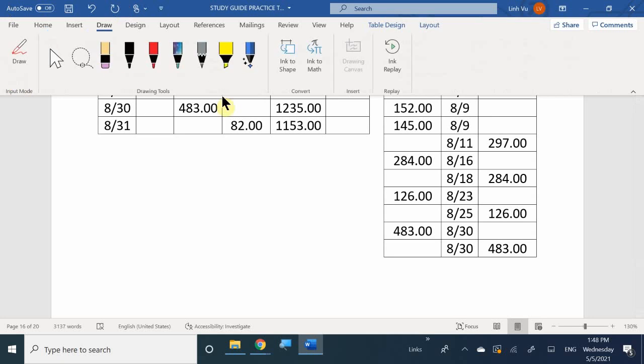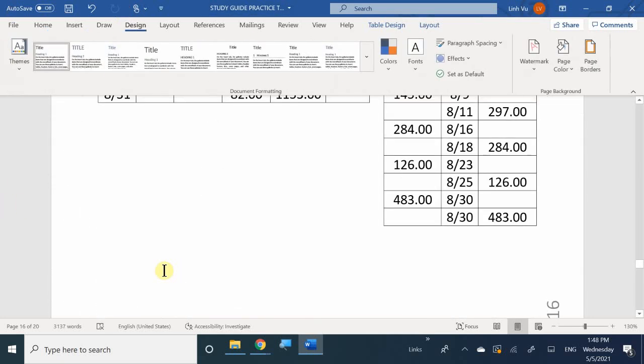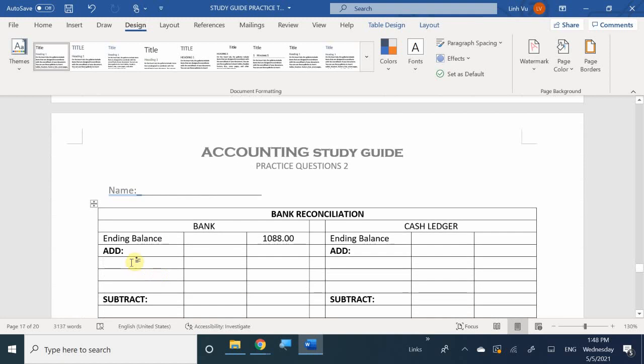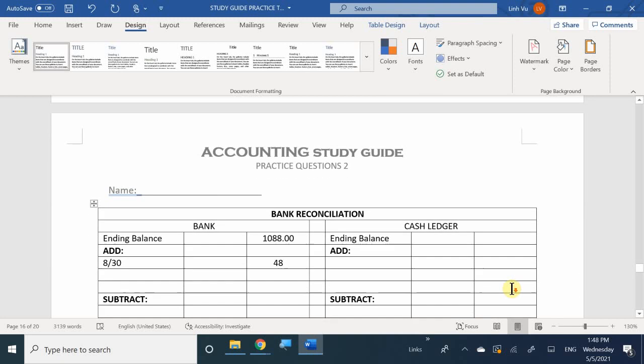Okay, so 483 is the only one that didn't clear. So I'm going to go ahead and write, what's the date on that? The 30th. Okay, add deposit on 8/30 for $483. We're going to add that back into our account.